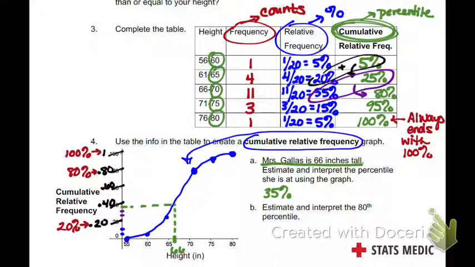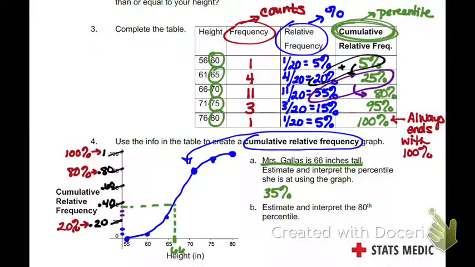If you're estimating, we can only get estimates from these graphs. So as long as I see how you're getting it, and your estimate seems reasonable, you're fine. So 35%, how would I interpret that in context then? 35% of the class is shorter than her.